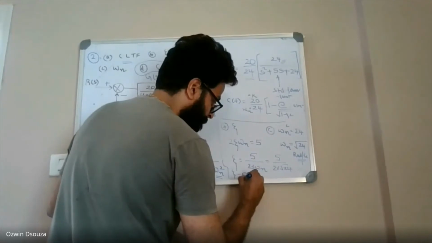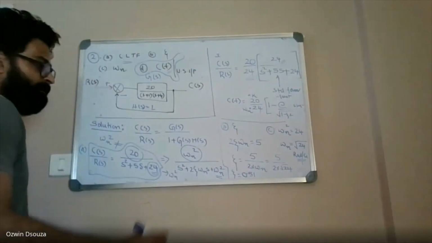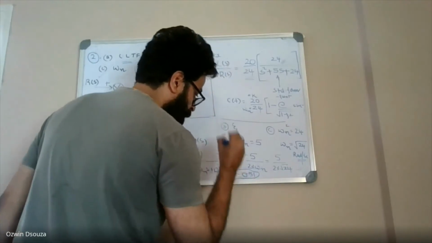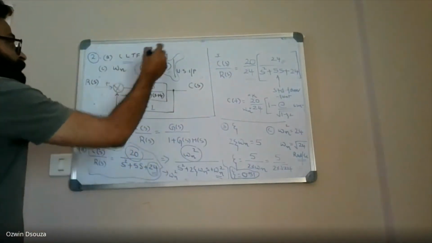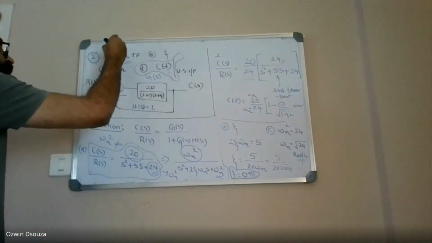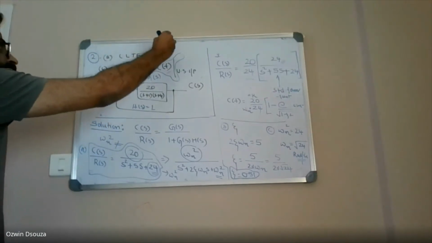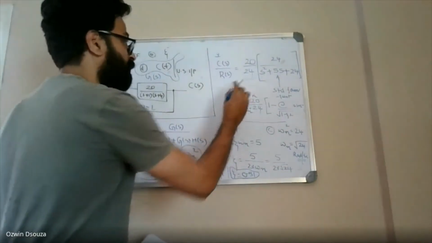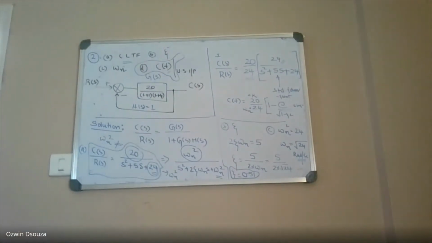So that is your zeta value. So the transfer function is found, zeta is found, omega n is found. And now finally you are left with the closed loop response. So complete the closed loop response.